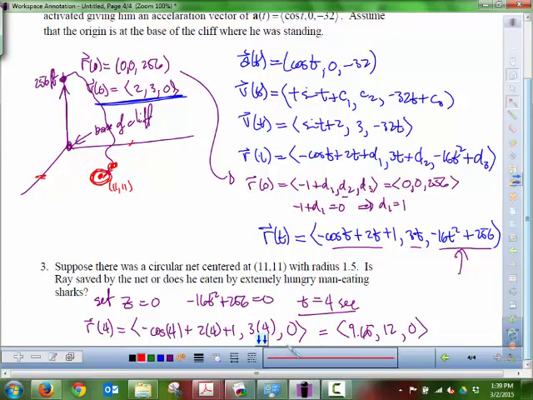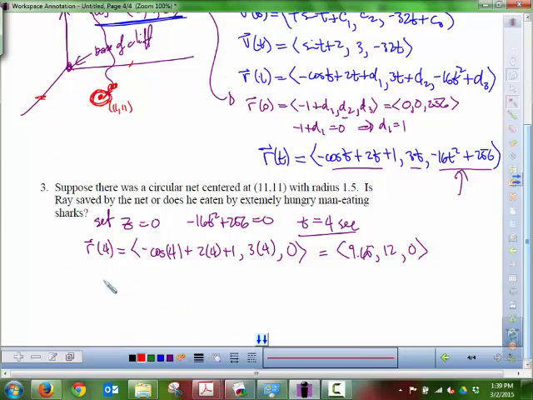So let's find the distance to the center of the net. That's just the magnitude of 9.65, 12, 0 minus 11, 11, 0.